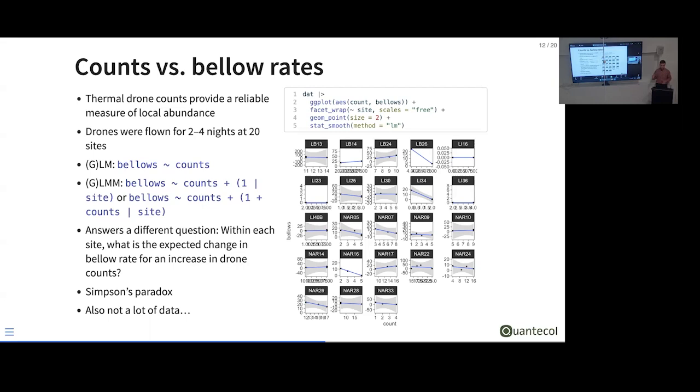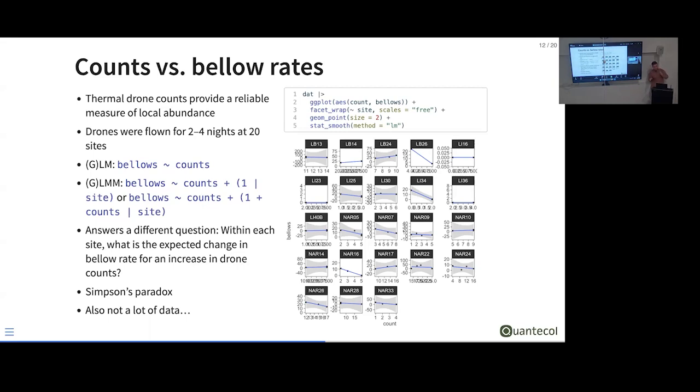This answers, within a site, when the counts go up, what is the expected change in our bellow rate, and you get this phenomenon in statistics called Simpson's paradox, which is that the overall trend can be like this, but when you start looking within groups, it's actually like this.